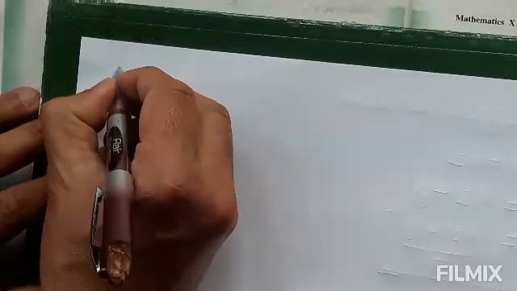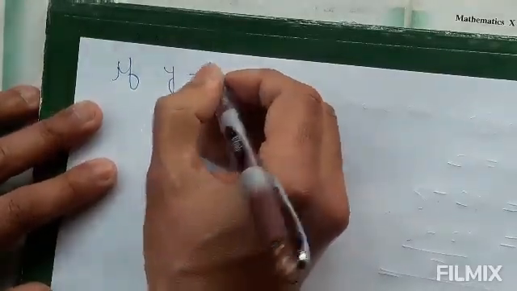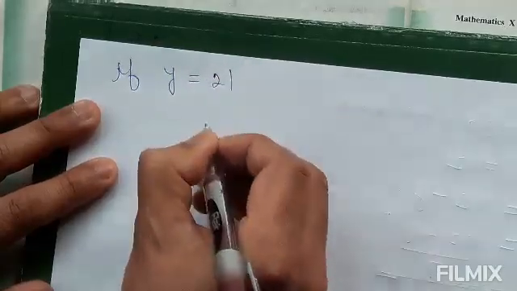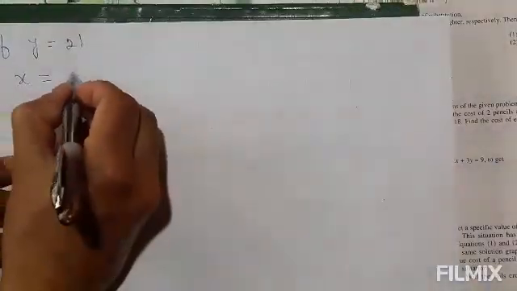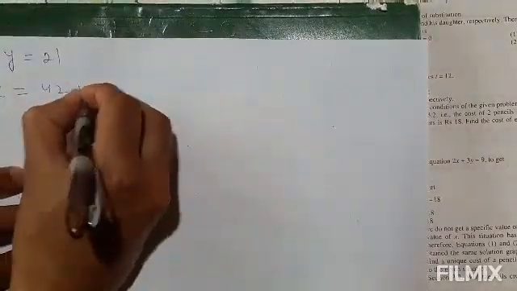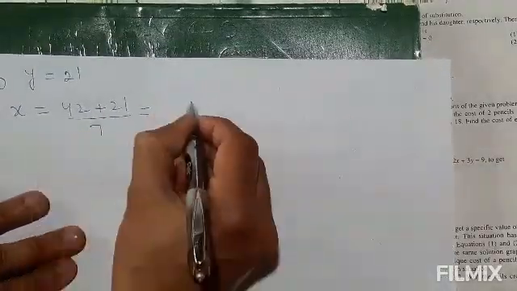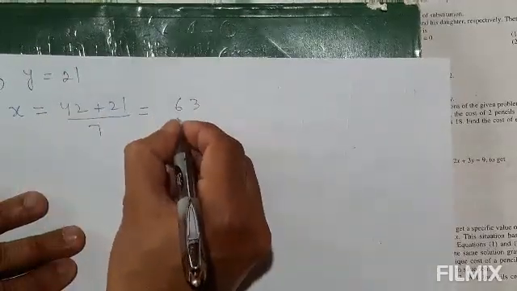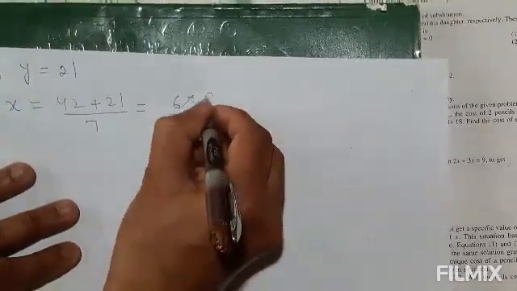Okay, now if y equal to 21, x equal to 42, instead of 14 in the previous step, we have to write 21 divided by 7. 42 plus 21 is 63, divided by 7. 7 ones are 7, 7 nines are 63.